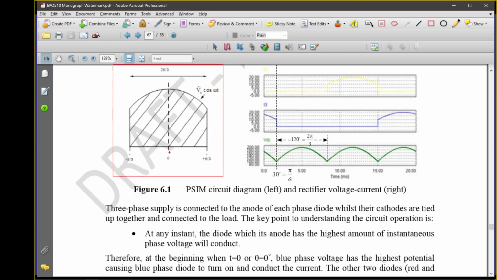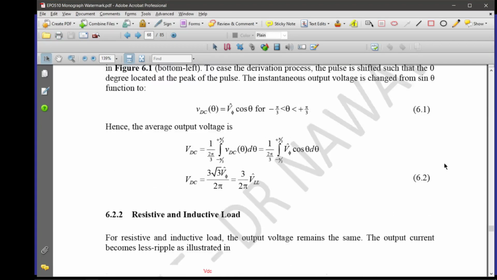You change that to 0 radian, and by doing that you change the waveform from a sinusoidal waveform to a cosine waveform. Okay, so you have V peak phase cos theta, right? And then you do the derivation, and finally find that the output voltage can be described by this equation.